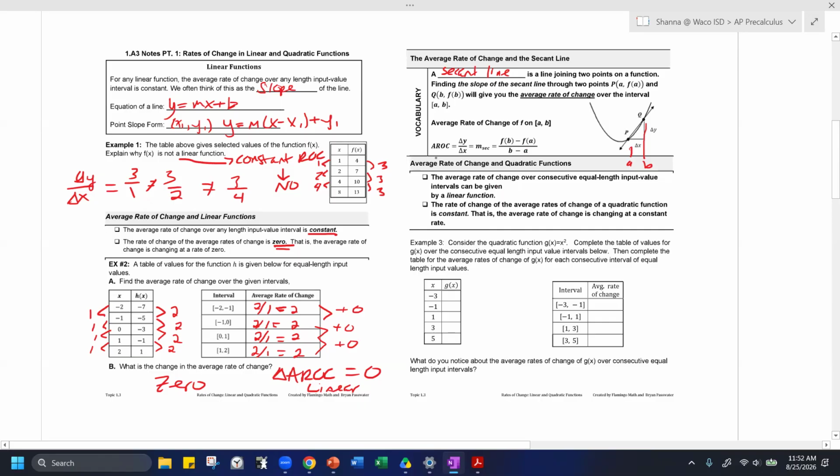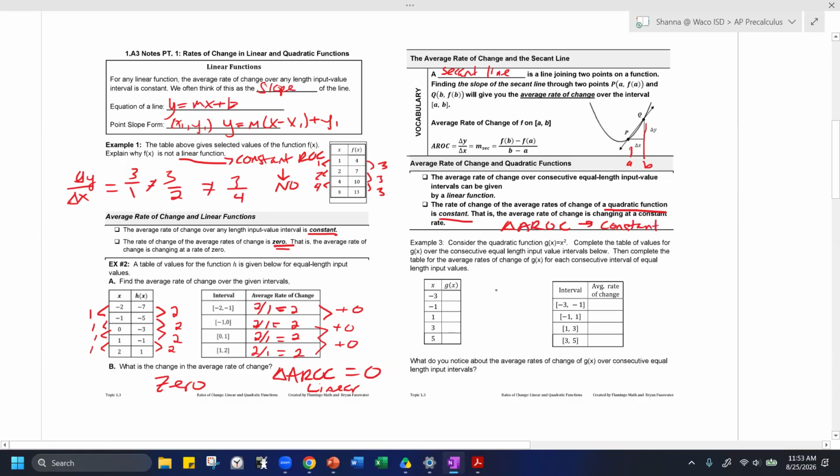So now we're going to talk about quadratic functions, and their rate of change is going to be constant, okay? So remember I told you when I say the change of the average rate of change, I'm going to write delta AROC. So for quadratic, delta AROC is going to be constant, meaning that it's going to be the same, okay?